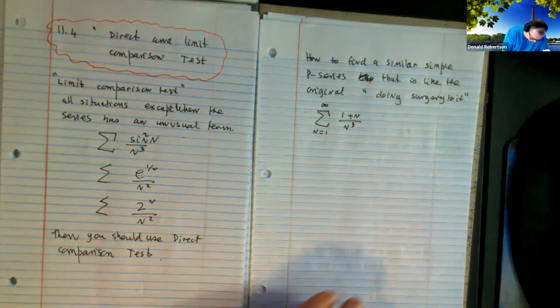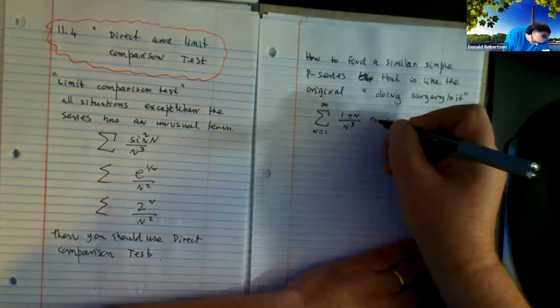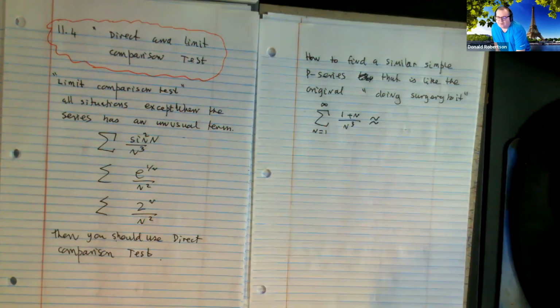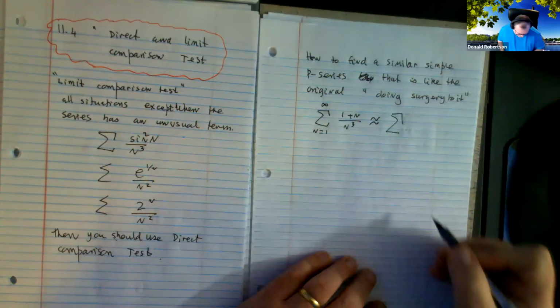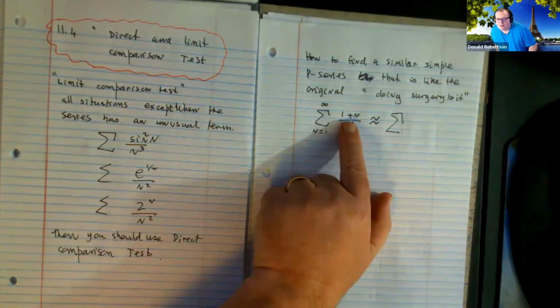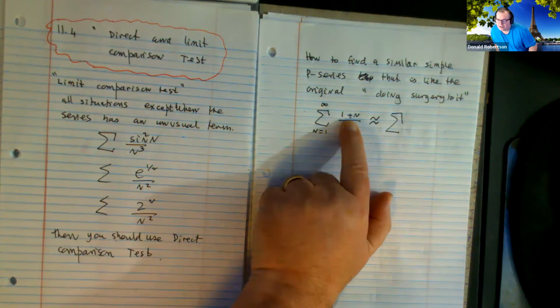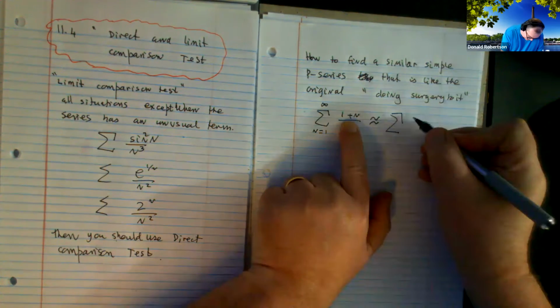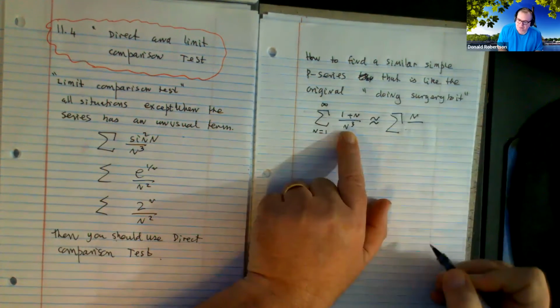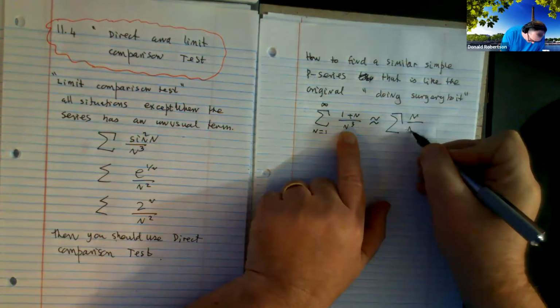So what does surgery look like? You do a little squiggly, which means approximately the same as. That's what it actually means. Pick the biggest power of n on the top. In this case, it's just n. Pick the biggest power on the bottom. In this case, it's n cubed.